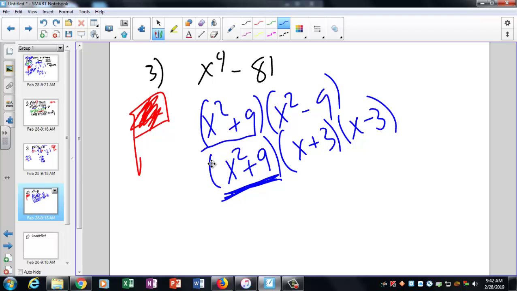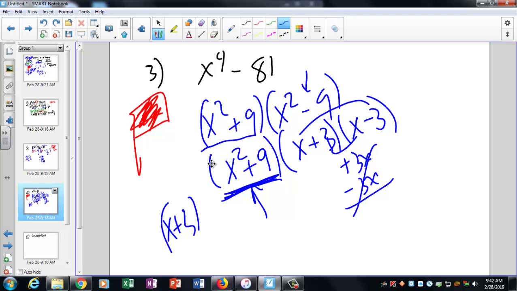Don't force this. Plus 9 doesn't work. Minus 9 does. And people will ask me, well, why does the minus 9 work and the plus 9 doesn't? The minus works because when you distribute this out, this is plus 3x, this is minus 3x. These will cancel. The plus won't work because if you do x plus 3, there's nothing that forces that middle term to cancel.